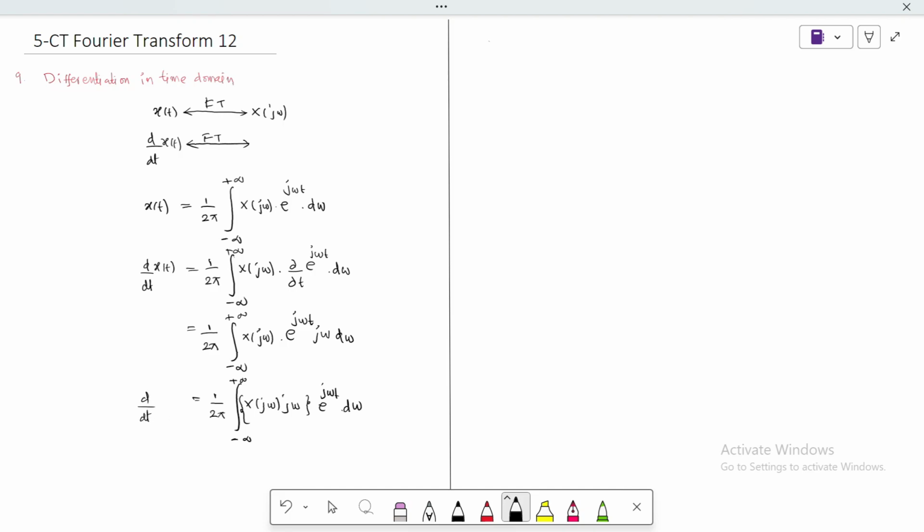This is the d/dt of x(t) signal. d/dt x(t) and jω X(jω) are Fourier transform pairs. So we are getting jω into X(jω).